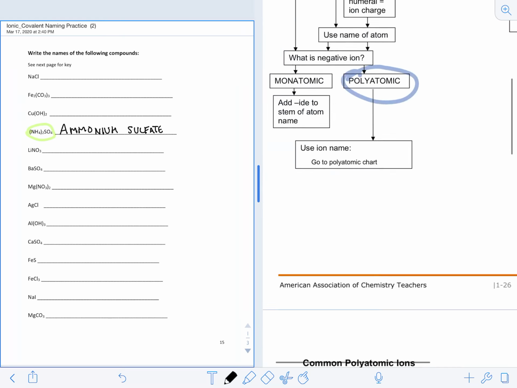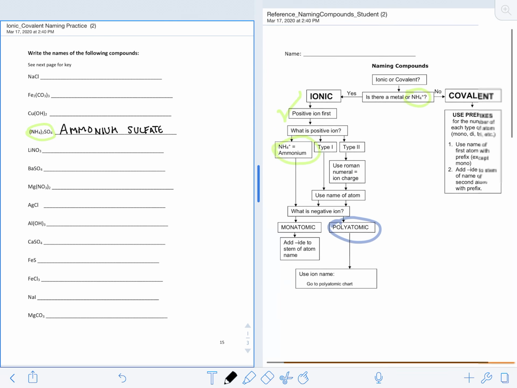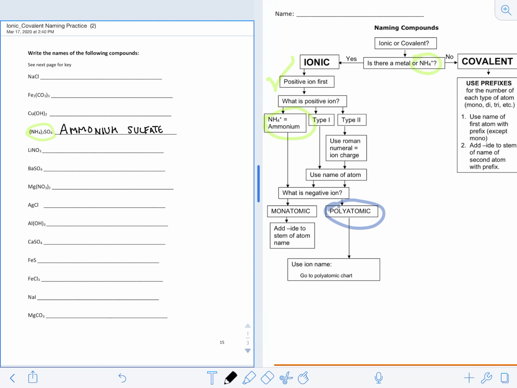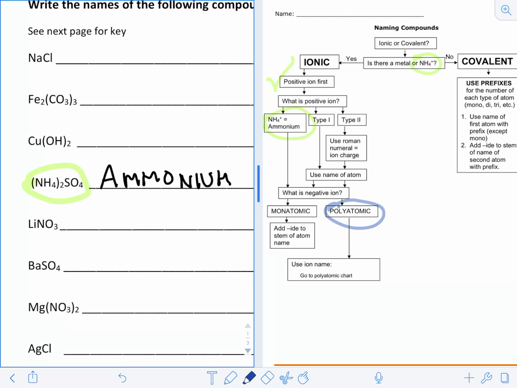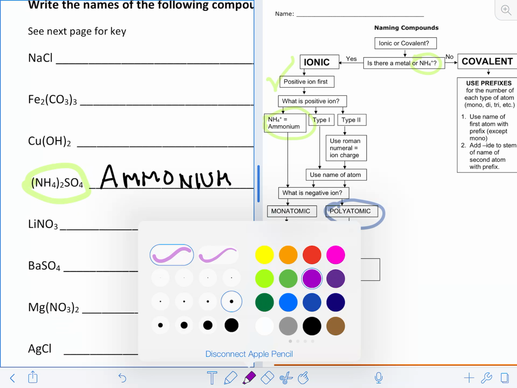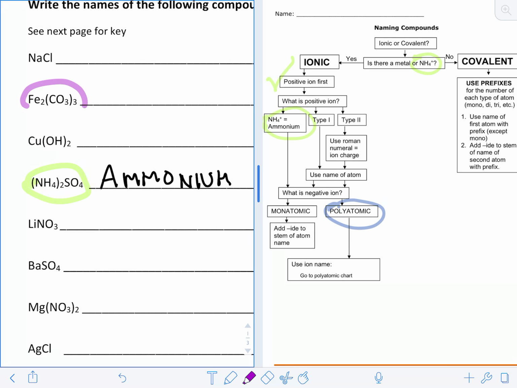Okay, that actually wasn't too bad, but I want to do an example where we have to figure out what is going on with the charge. So the next example I'm going to use is this one here. When you look at the formula, notice that we've got a couple different things going on. We have a polyatomic, but we also have a type 2.